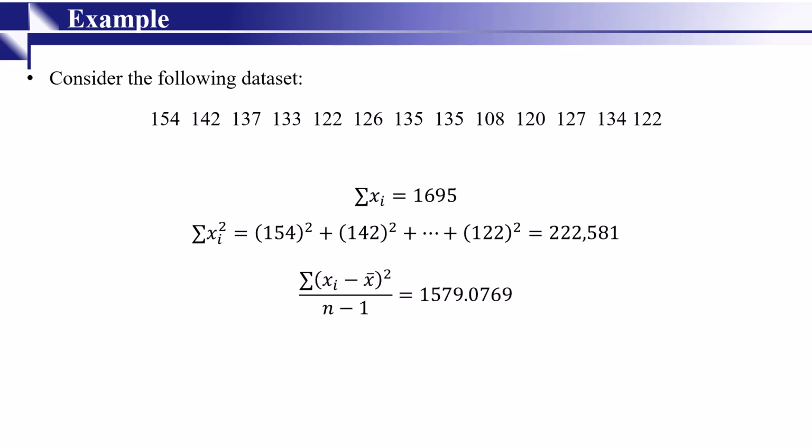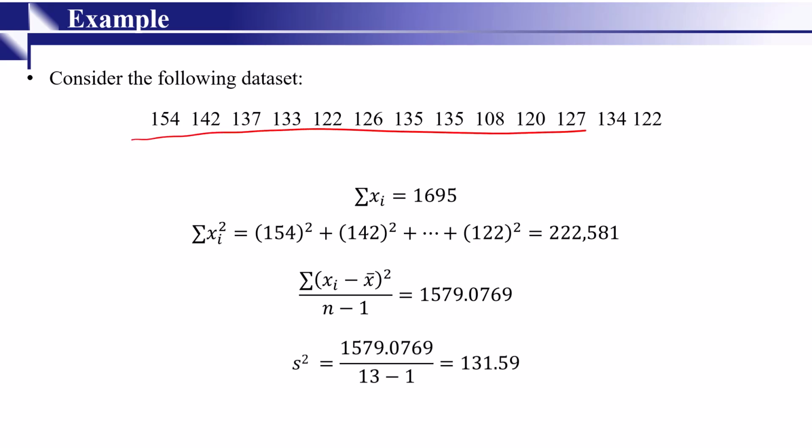So let's see one example. Consider this data set, which is a very easy data set. We want to calculate the S and S square. So this is our data set. The sum of them together is 1695. Then each one is squared, this one is squared, this one is squared, up to the last, and then we will have this number.